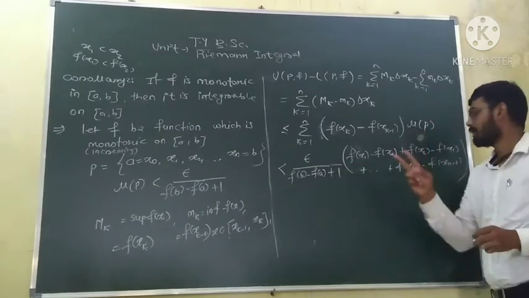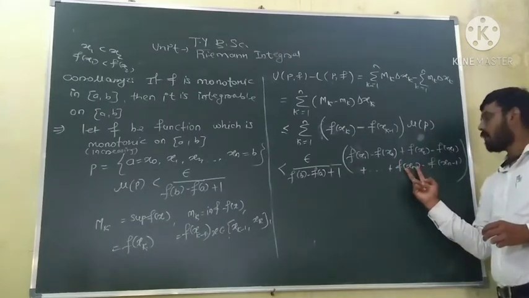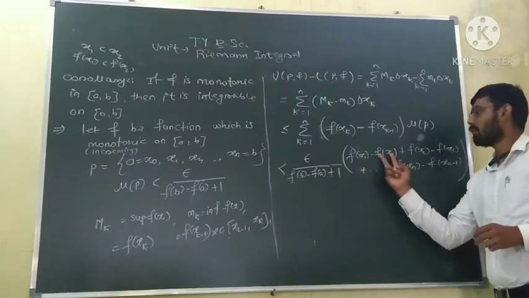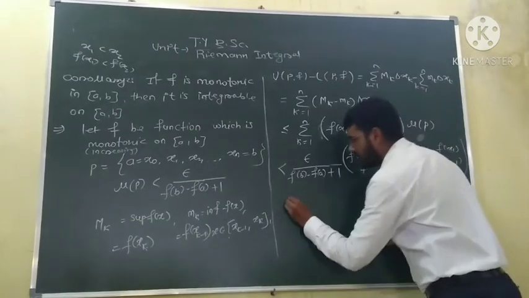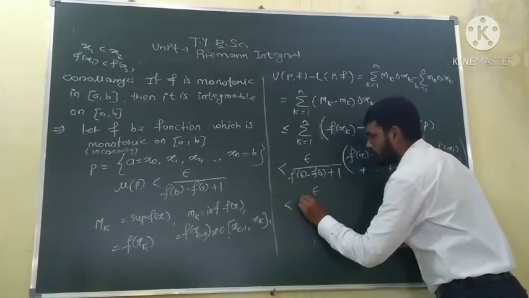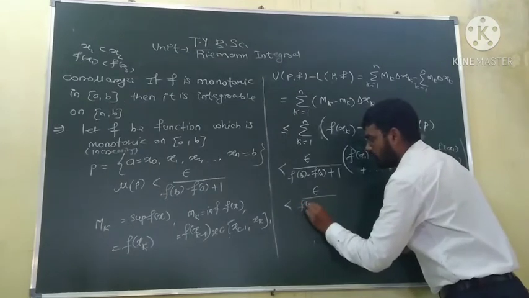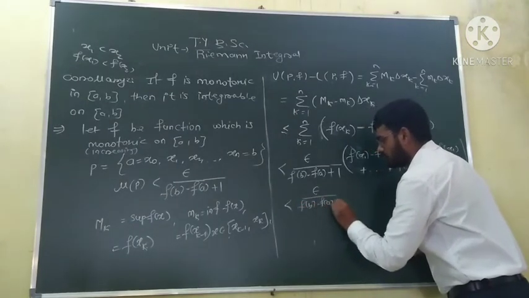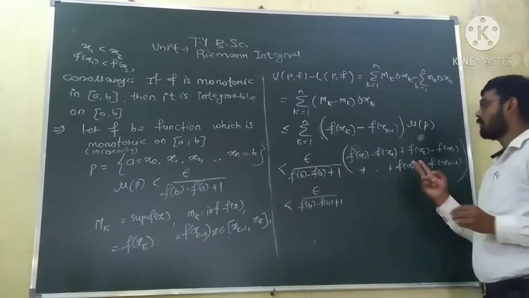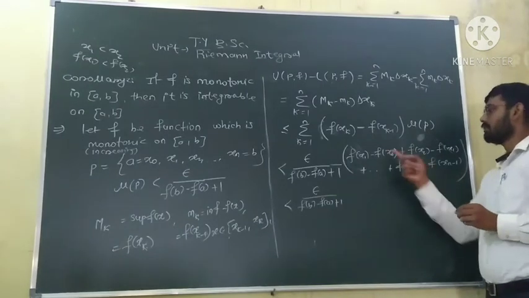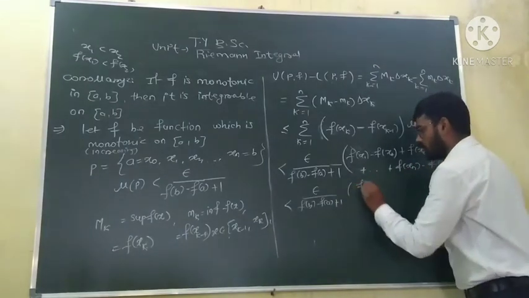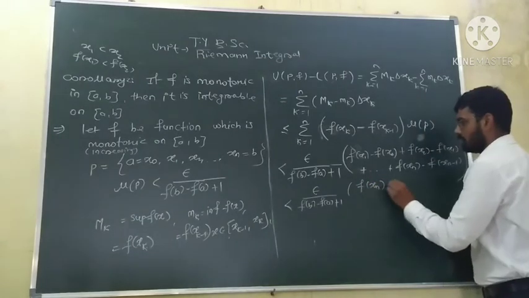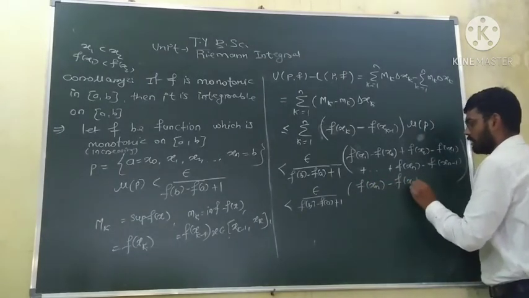So only two terms remain, the last f of xn and this minus f of x naught. So this is less than epsilon upon f of b minus f of a plus 1, times f of xn minus f of x naught.